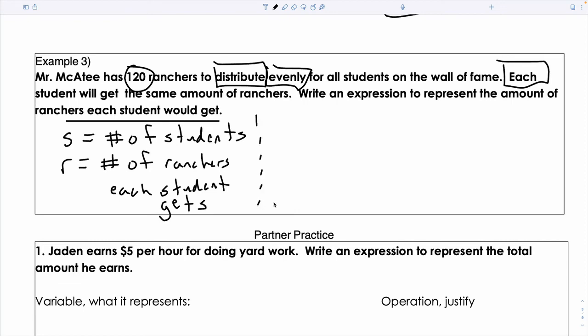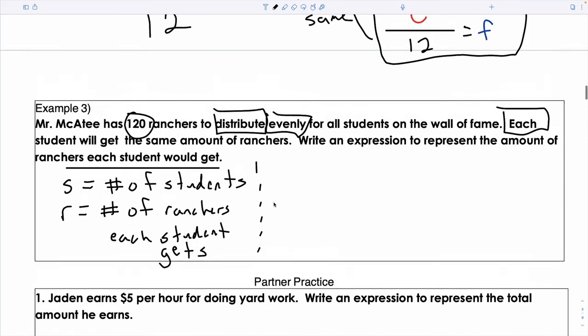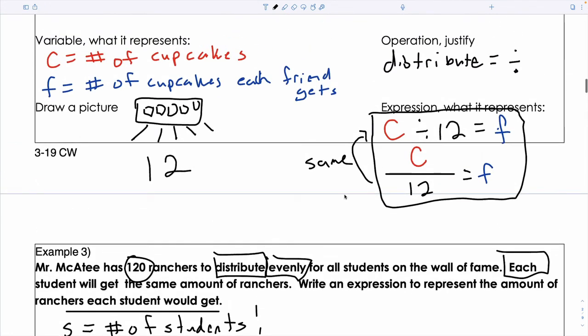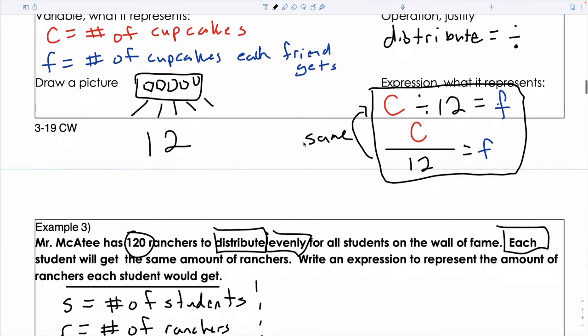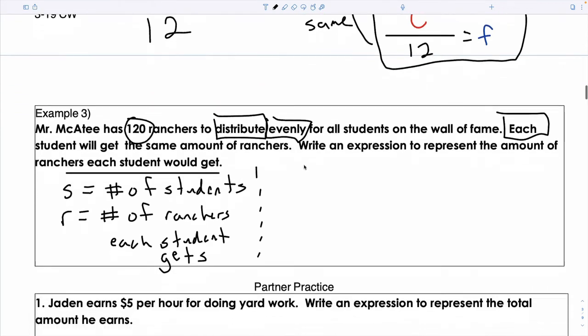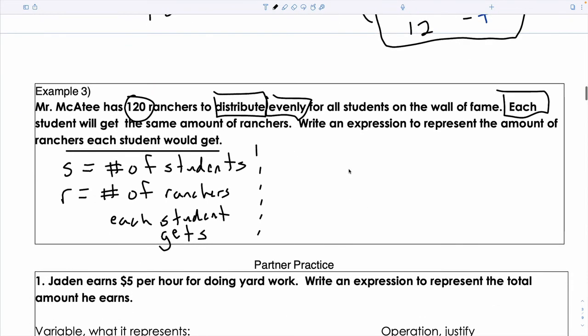I want you to turn and talk and set up an expression for this one. Be careful. It's a little different than number 2. I don't care who starts this one. What would your expression look like? Turn and talk for 30 seconds.